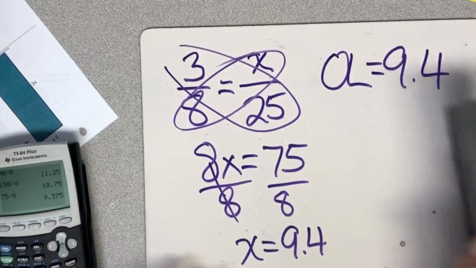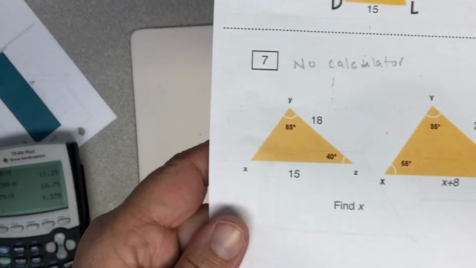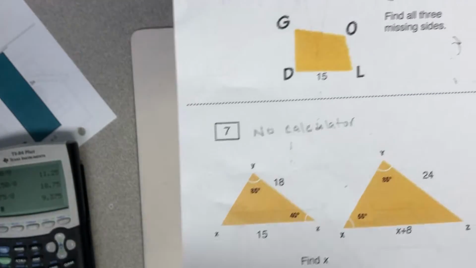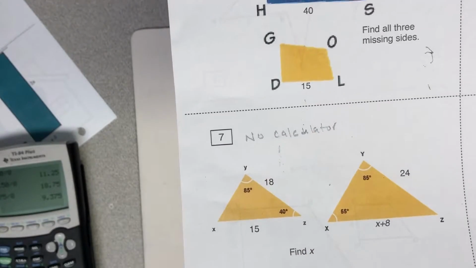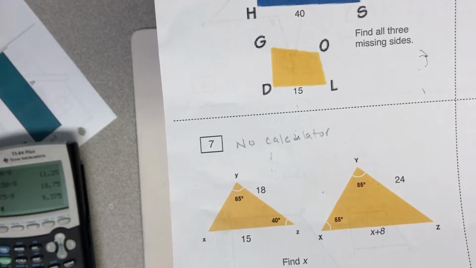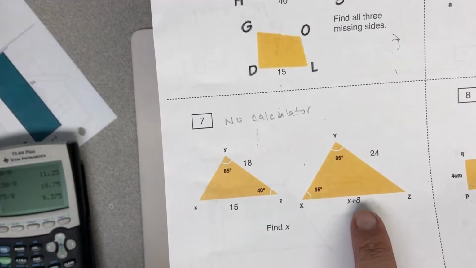Okay, let's do number 7. If you look at number 7, there's an X involved. I'm sorry, this X in the corner gets a little confusing, and I apologize for having 2 X's there. But I believe they wanted us to find the X as in X plus 8.